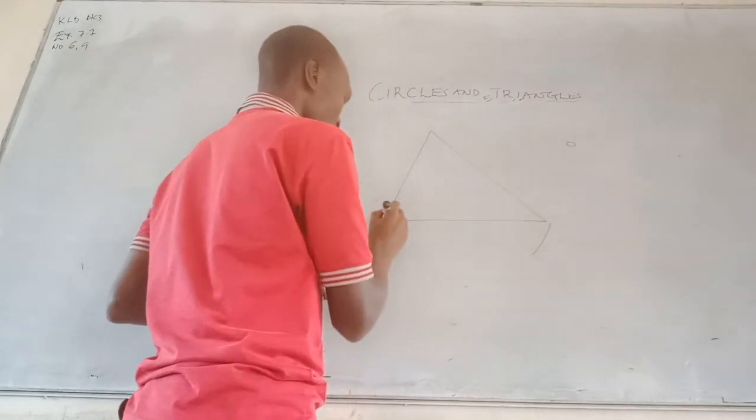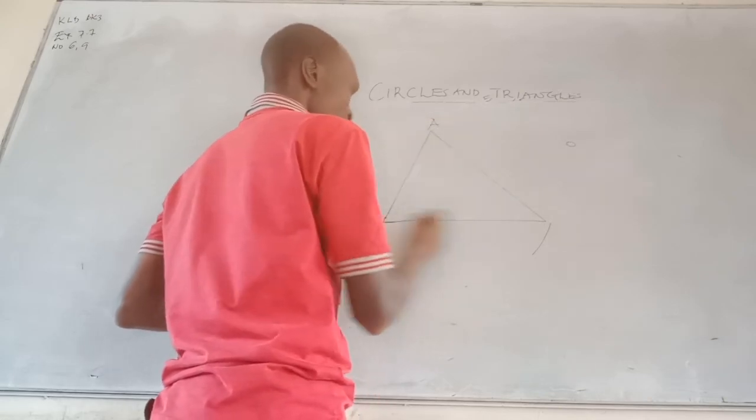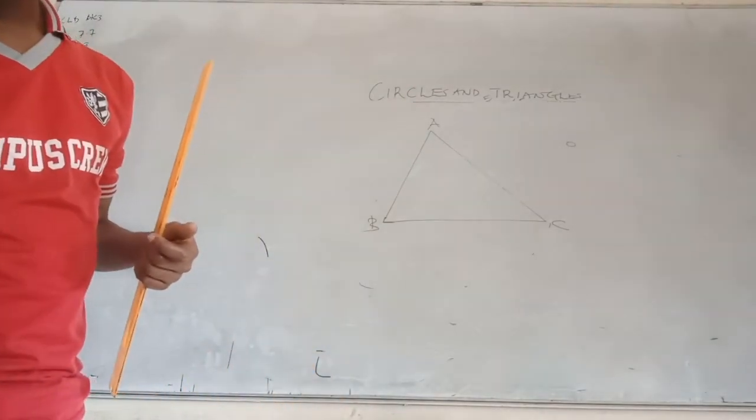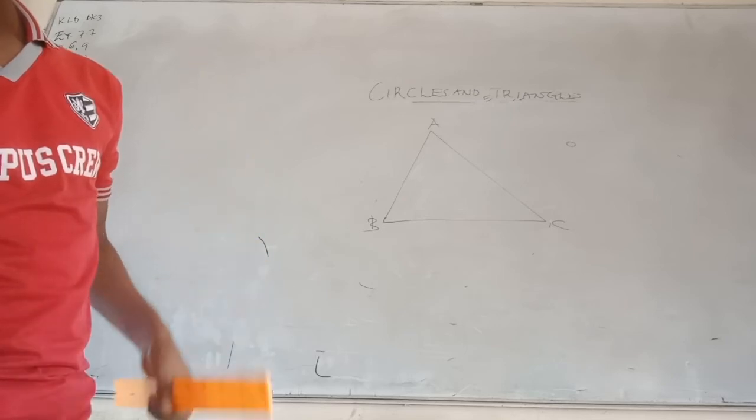So we have a triangle like this, call it A, B, and C. So this is how you do the first one, the orthocenter.